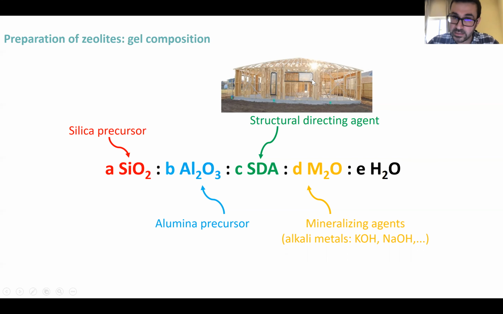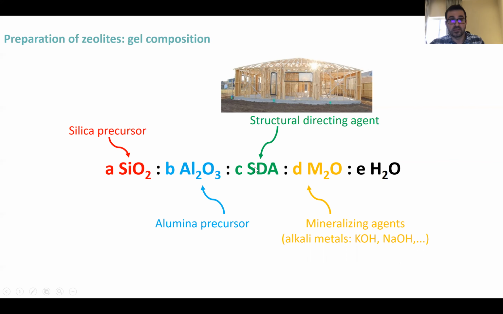These can be organic or inorganic, like sodium or other mineral agents. And we also use water as a solvent, as when you are cooking any soup or liquid-containing material, it helps in bringing the ingredients together and makes the reaction mixture more homogeneous.